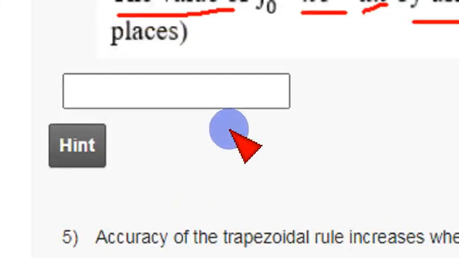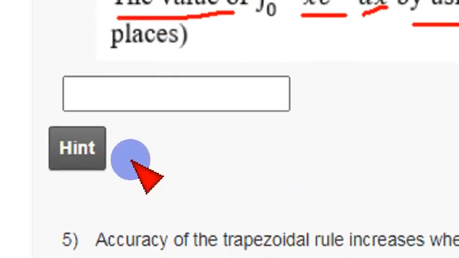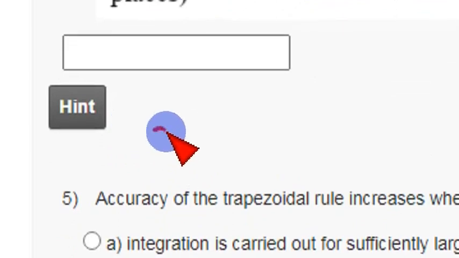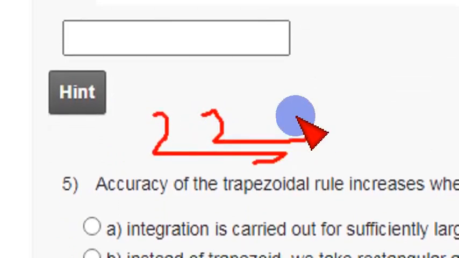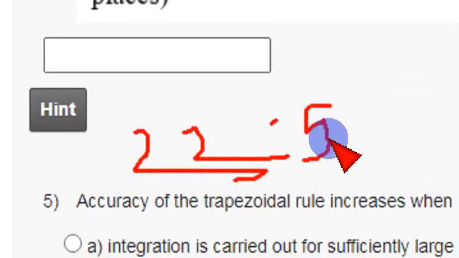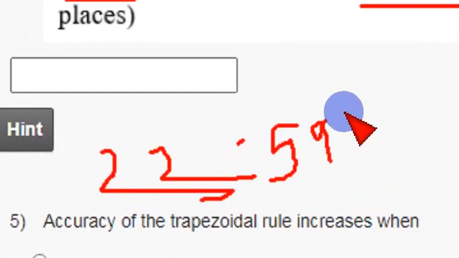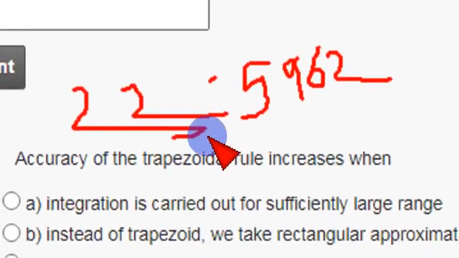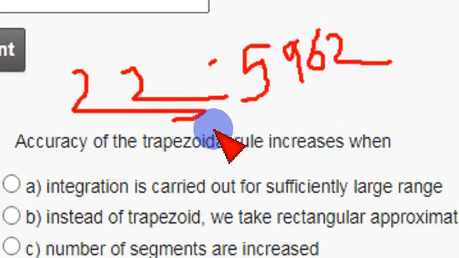The answer for this fourth question is 22.5962.